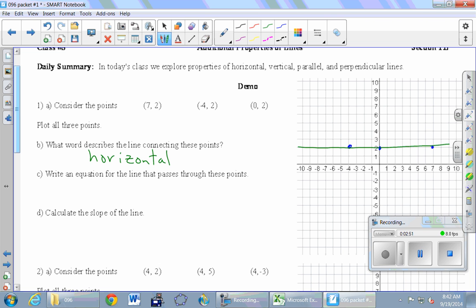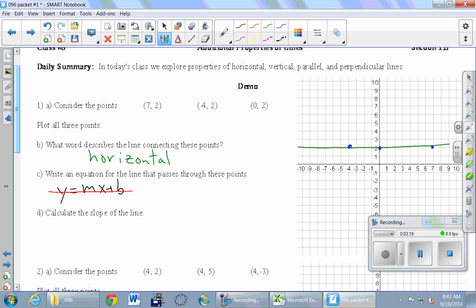And horizontal lines are one of the special kinds of lines that we're talking about today. Horizontal, vertical, parallel, and perpendicular. Now let's write the equation for the line that passes through those points. So far, most of our equations of lines have looked like y equals mx plus b. I'm going to put a line through that and just say that when you have a special line, like a vertical or a horizontal line, potentially y equals mx plus b isn't going to get it done.